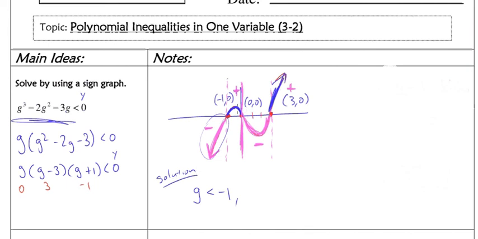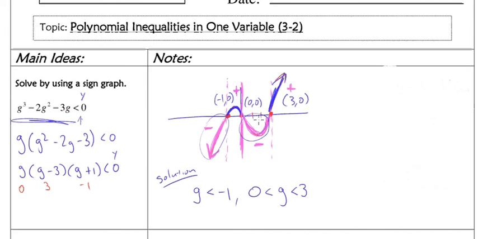We're not going to include the numbers from negative 1 to 0 because those give us positive output, and the roots themselves give us 0, and it's not or equal to, so that won't satisfy this inequality. However, once we get to 0, we'll start having solutions that satisfy the inequality again. So from 0, we want numbers greater than 0. So g is greater than 0, but g is also less than 3. We're looking for just this range of values right in here.